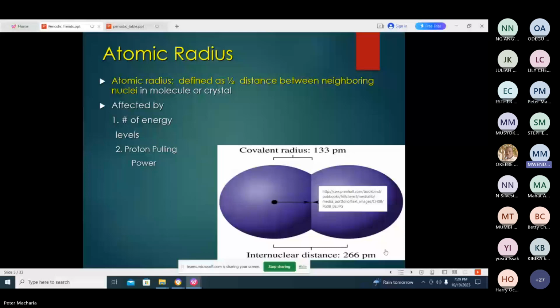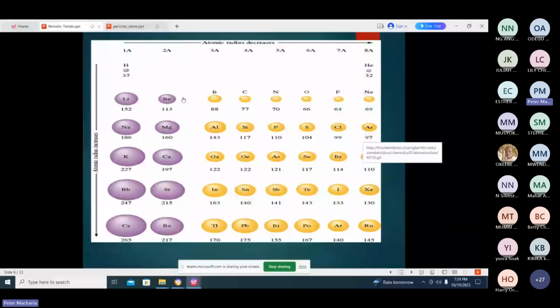In this representation, forget about the numbers. They are giving the atomic radius in terms of pm, but look at the pictures themselves. What the pictures are showing is that the circle is increasing down the group, isn't it? So the pictures are trying to show you that the atomic radius increases down the group, right?